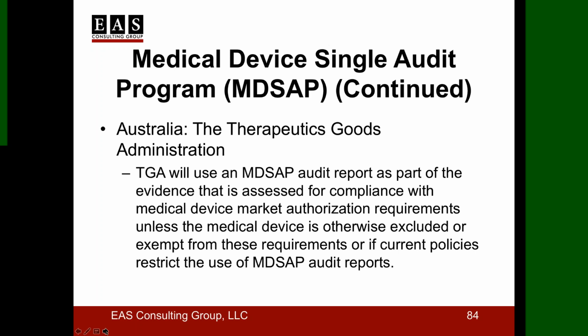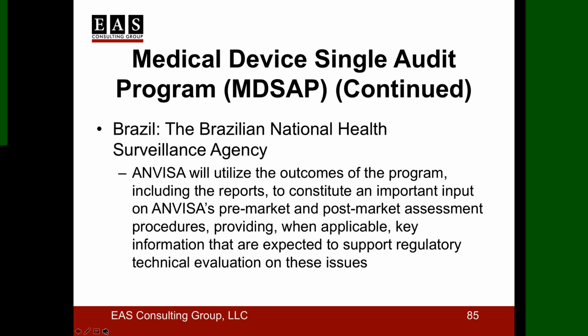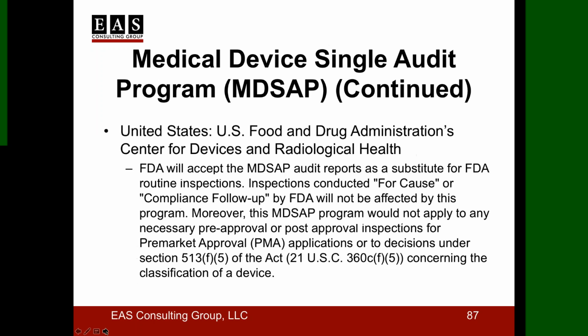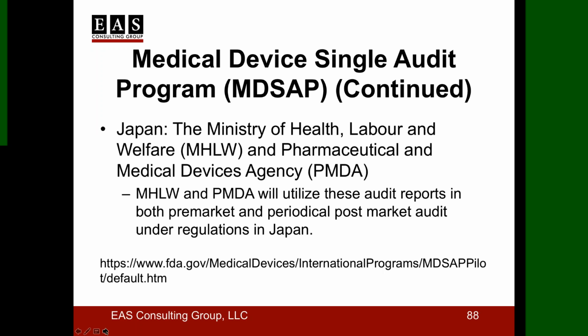So it's looking at that and then taking the laws and regulations for each of these various areas. I mentioned Australia is one. So if you have product that's in Australia, boom, they're going to cover the Australian regs. Same thing for Brazil, same thing for Canada, and the FDA, and Japan.